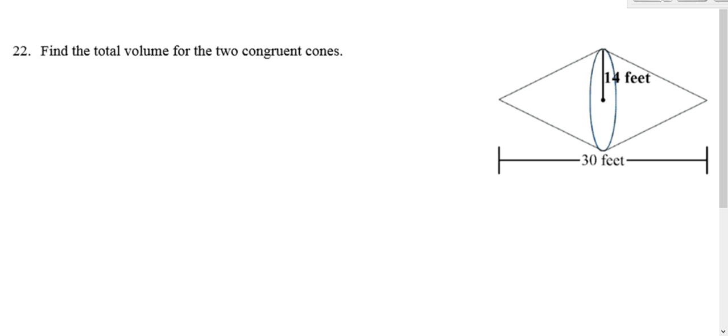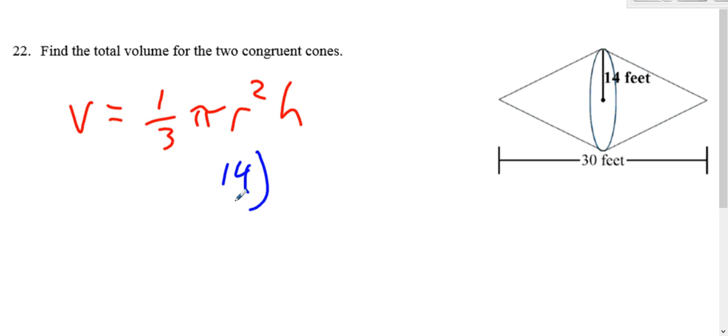Find the total volume for the 2 congruent cones. Since they're congruent, we could just figure out the volume of one and then double it. Cone, so the volume is 1/3 pi r squared times height. Radius is 14. The height, the whole thing is 30.